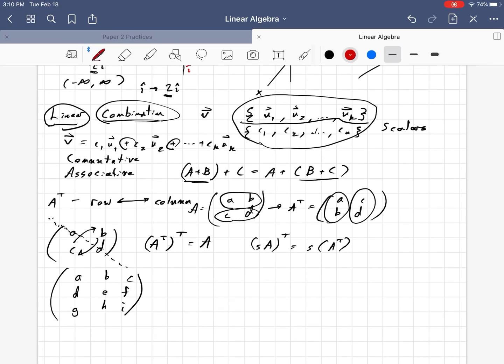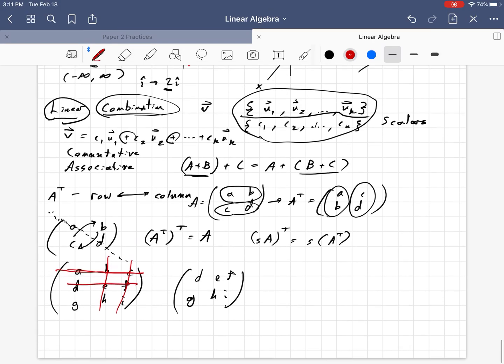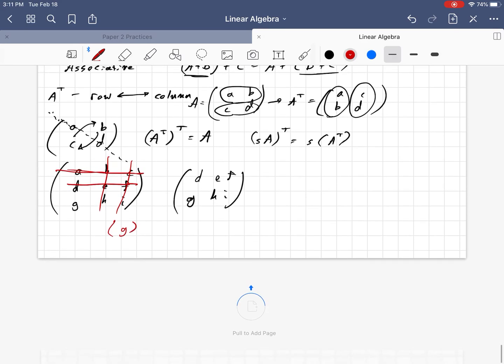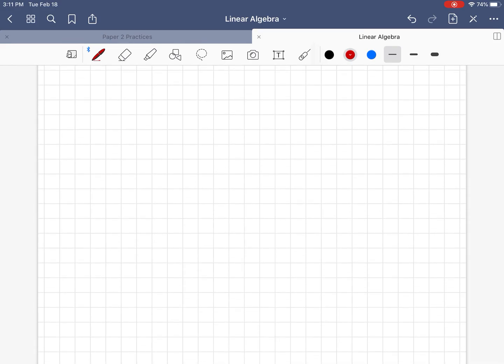But for example, we could ignore this first row, then a submatrix of our original matrix could be the matrix D, E, F, G, H, I. That would be a valid submatrix. Or we could ignore those two columns, and we could just get the lame matrix G. Not all that interesting, but it is technically a submatrix.